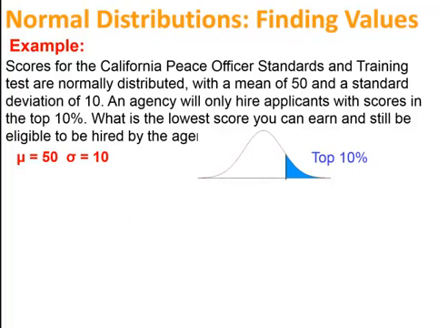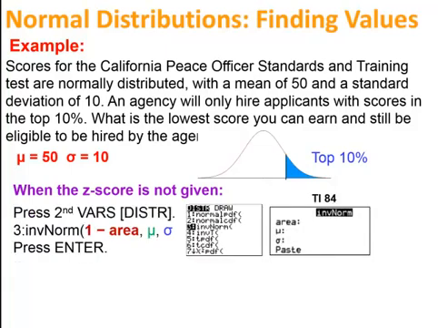But in order to find that lowest score, I have to understand what it means by the top 10%. The top 10% on my normal distribution would be shaded to the right. So if I were to do this in the calculator, it's very important that you do the 1 minus that 0.10 to get the appropriate z-score or the right area.